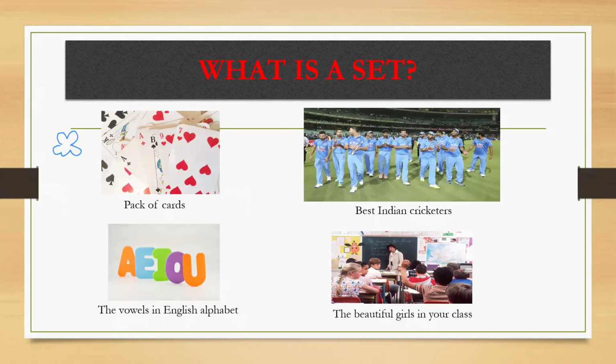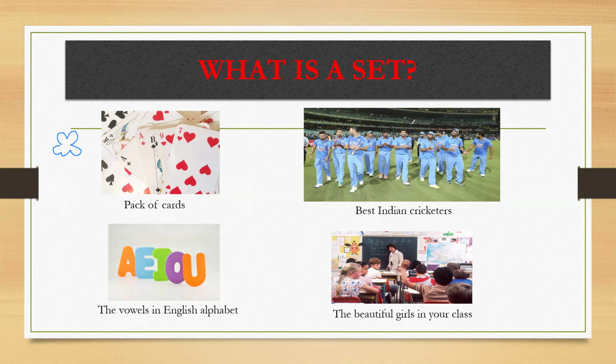Clearly, if this is the collection of best Indian cricketers, and if I am giving the name of Ganguly, then I am not sure whether Ganguly belongs to the collection of best Indian cricketers or not, right? Because I am not sure whether any student has selected the name of Ganguly as the best Indian cricketer.